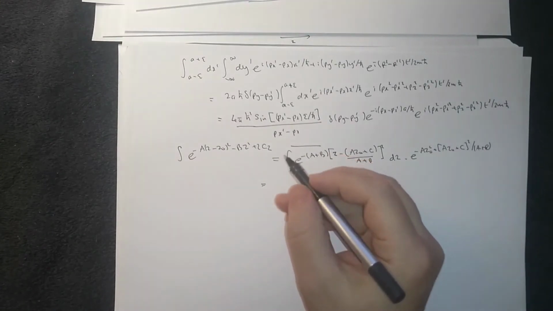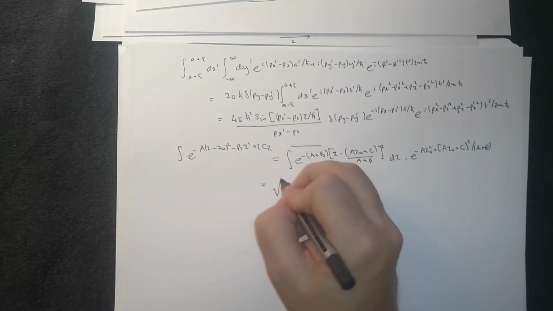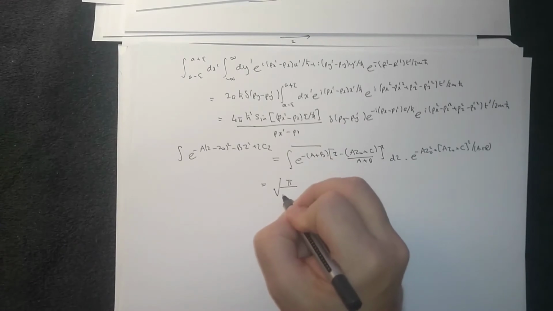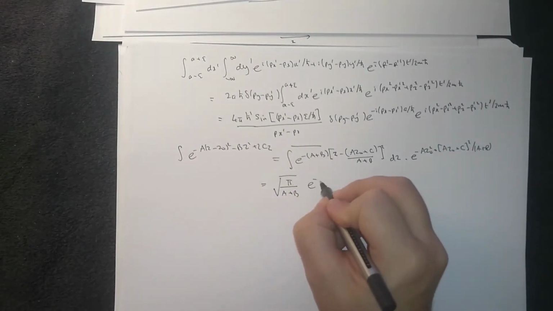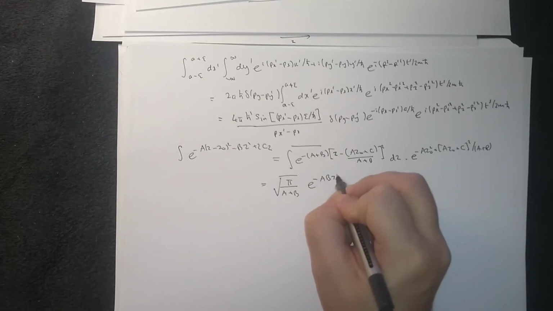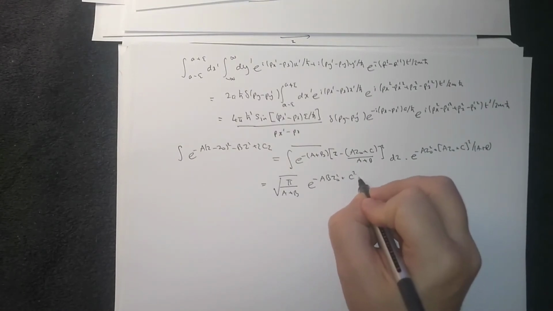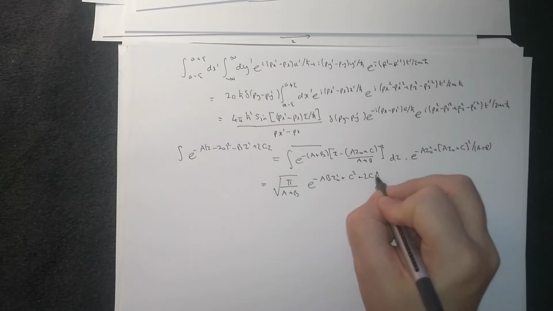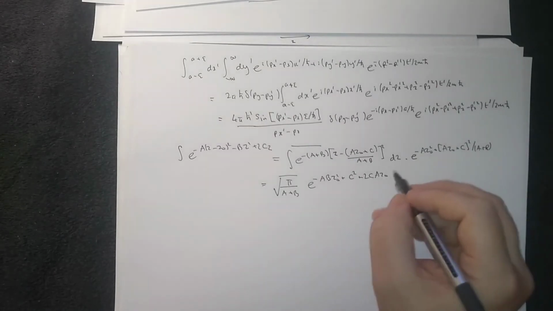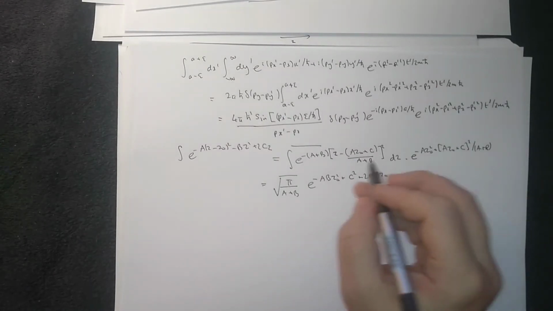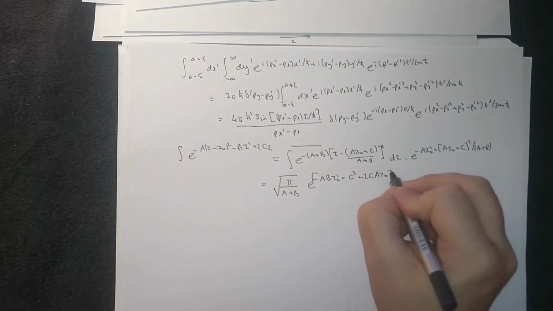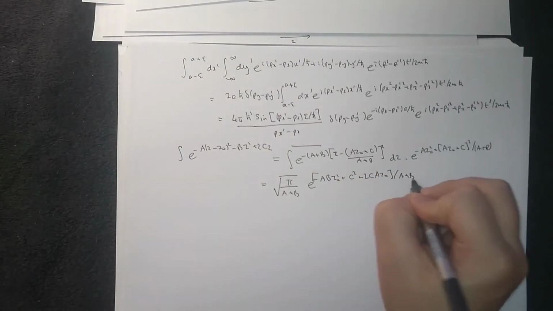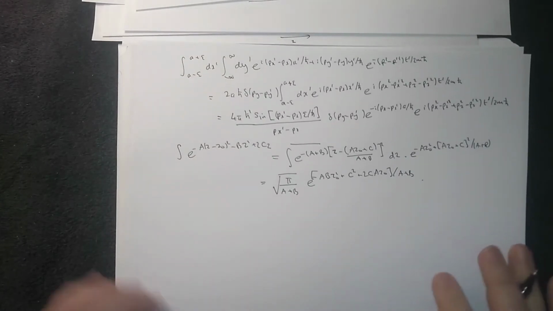That's equal to square root of pi over a plus b, e to the minus (a b z naught squared plus c squared plus 2c a z naught) all over a plus b.